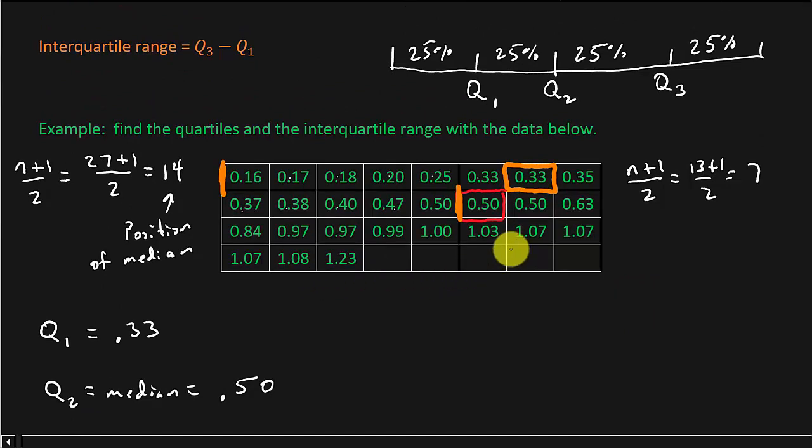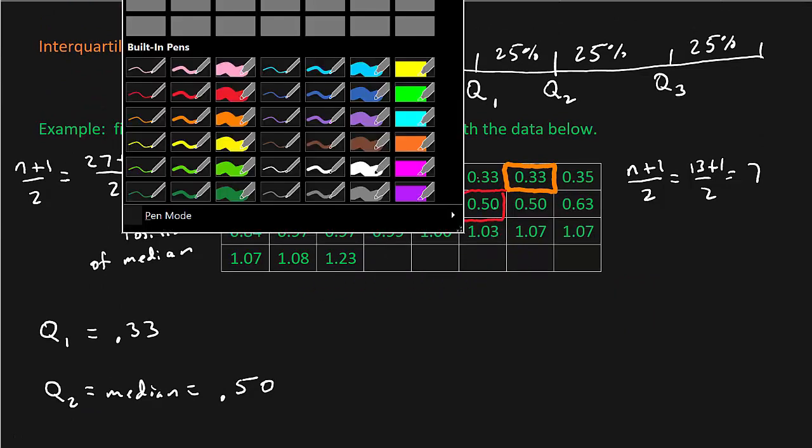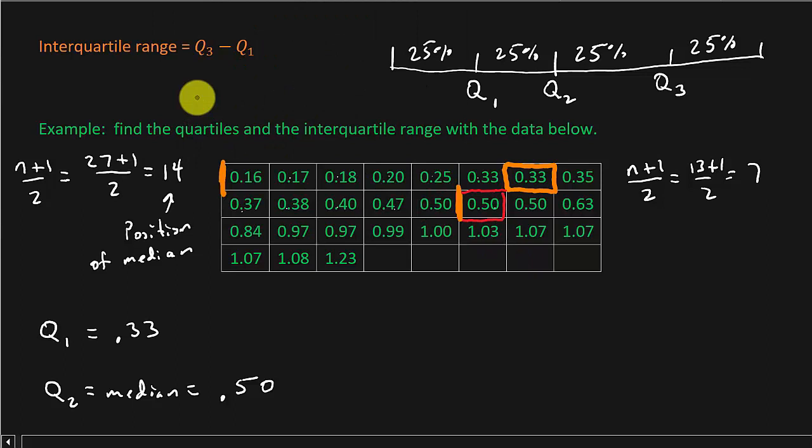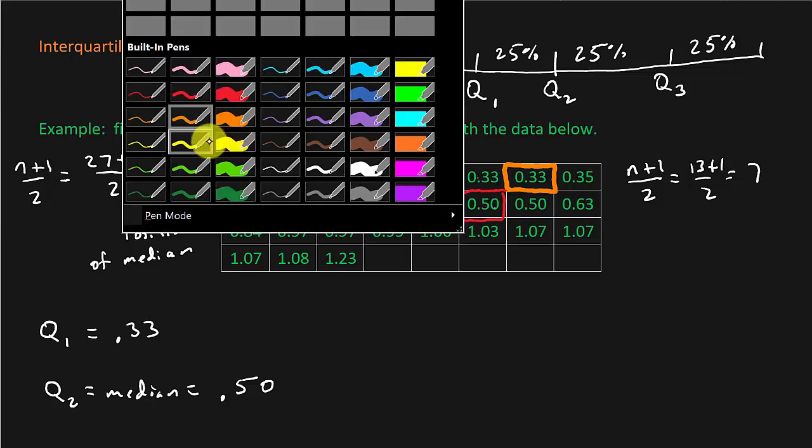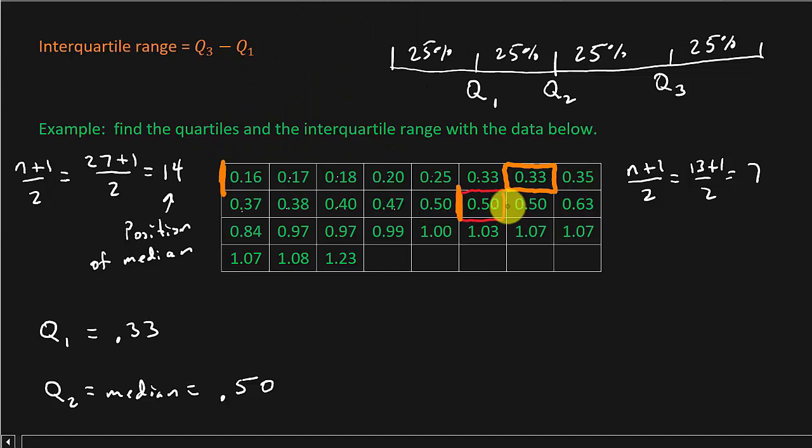All right, so that's going to be the median of the upper half of data. So that's going to go from, let me find a color to use. Let's use this one, yellow. That's going to be these values. And you can count from this 0.5 here all the way to 1.23. There's going to be 13, just like in the lower half.